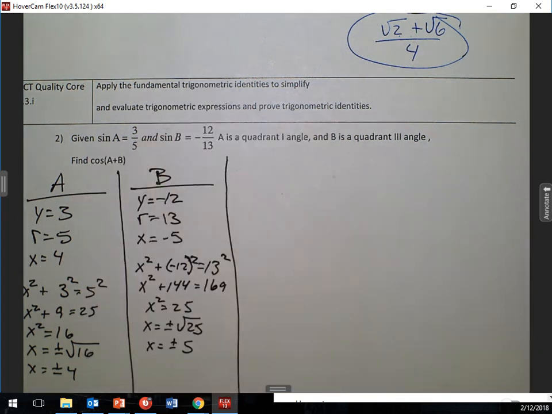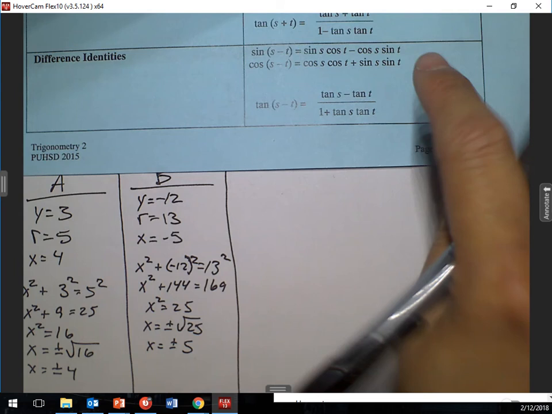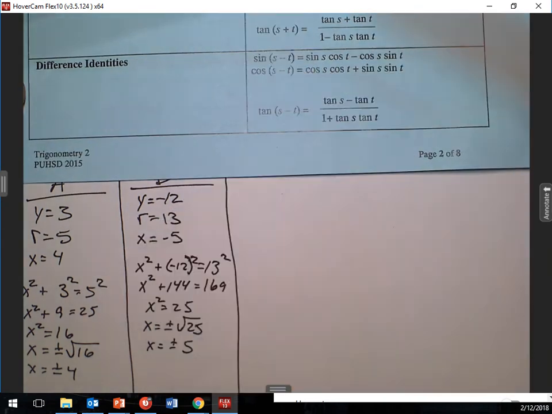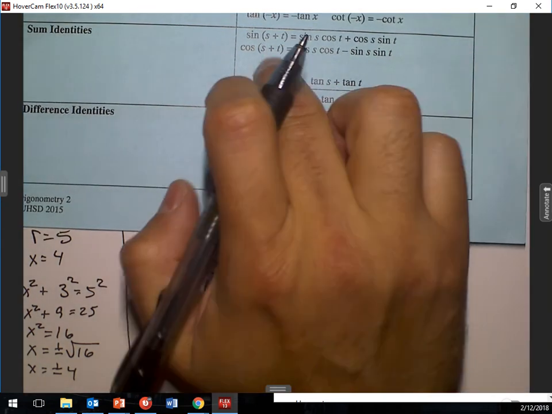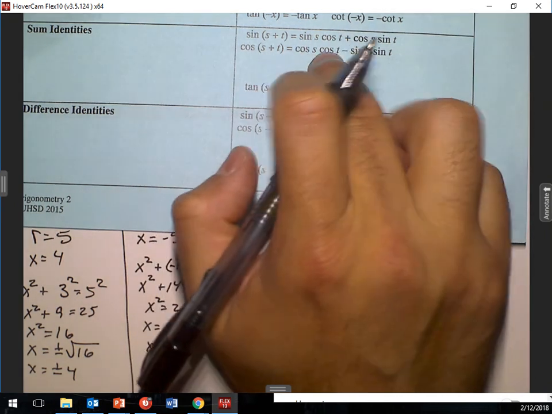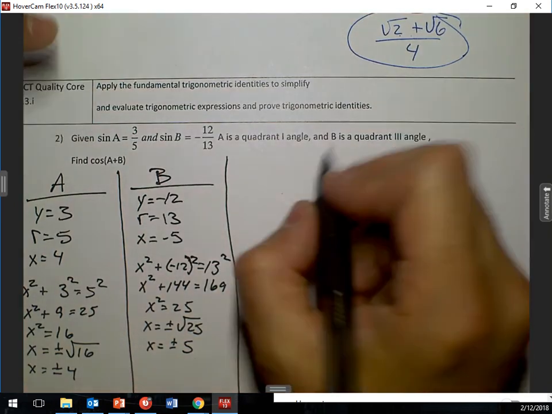Cosine of A plus B. This one is a sum identity, so it's going to be the cosine formula right here: cosine of S plus T is cosine S, cosine T minus sine S, sine T. So let's take a look.